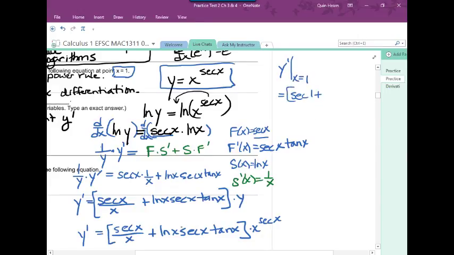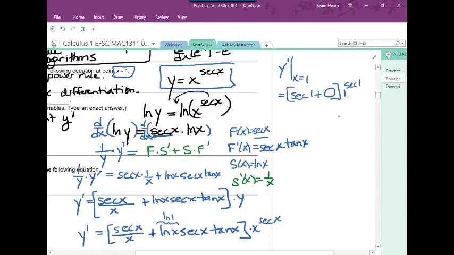plus, now we have natural log of 1 there. The natural log of 1 is going to be 0, because what that's really saying is what power do you raise e to get 1? And you raise it to the 0 power. So that whole term is going to turn into a 0. And then we're going to have 1 to the power of secant of 1.